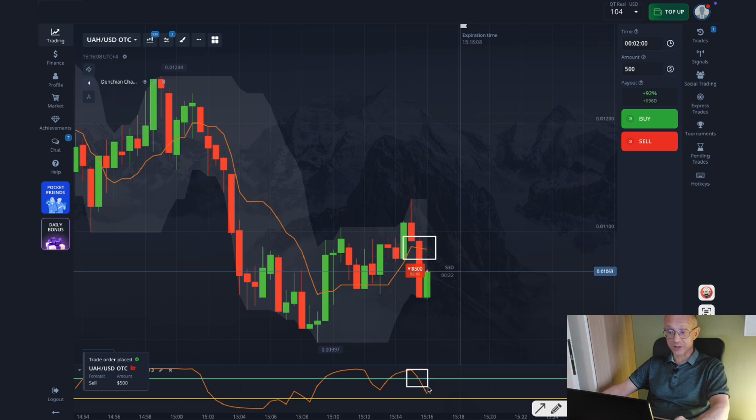The orange line has crossed the turquoise line from top to bottom, confirming that the trend is indeed downward. This intersection confirms the continuation of the movement in the same direction and reinforces the confidence that the market will move downward. Together, these two signals create a strong basis for opening a trade in a downward direction.